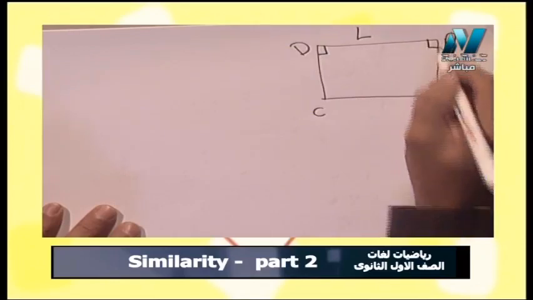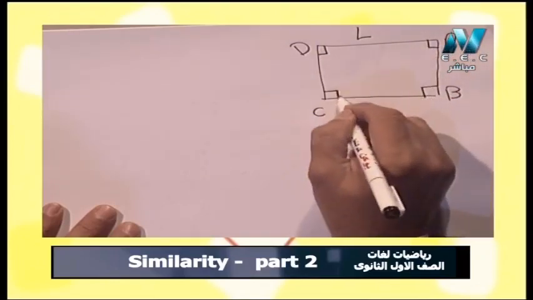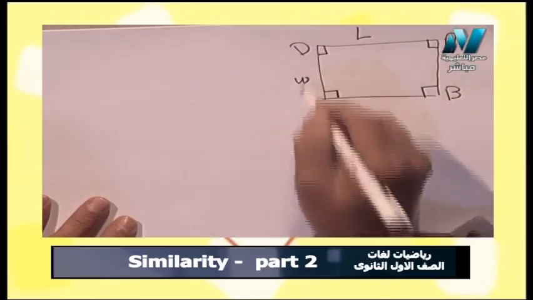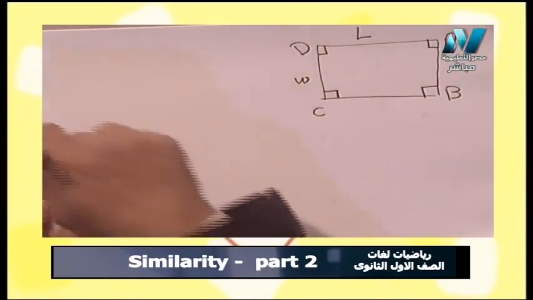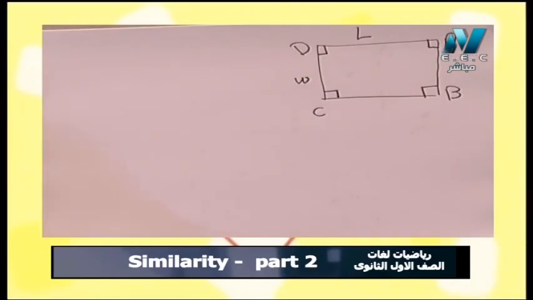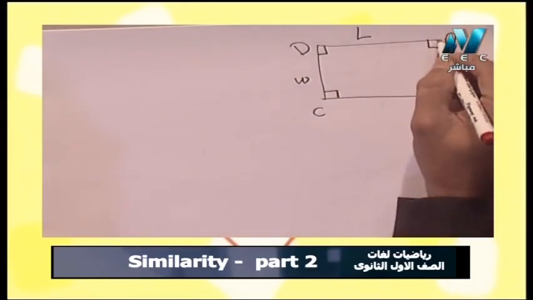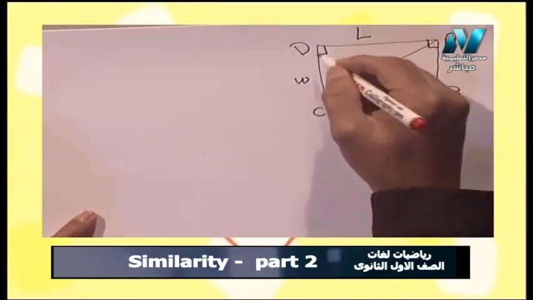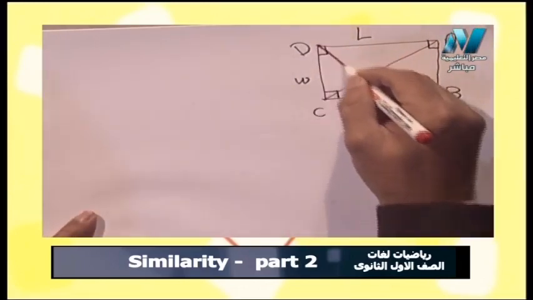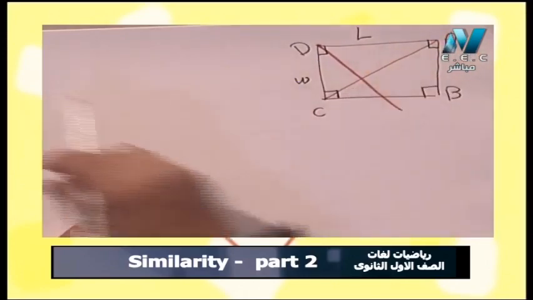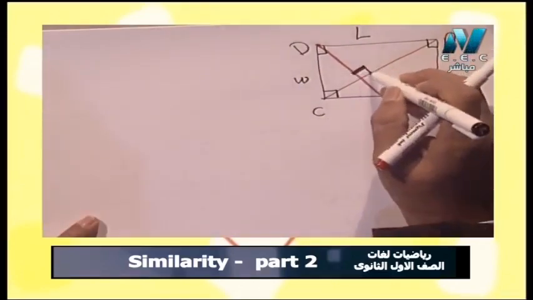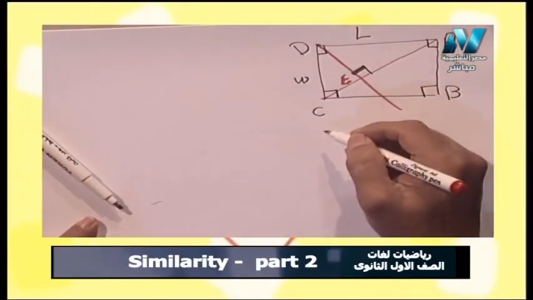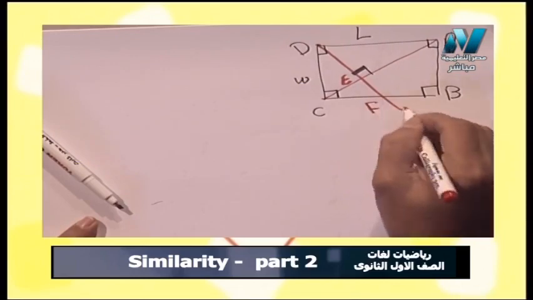If it is a rectangle, all angles here are 90 degrees, or right, and we have here the width, and we have AC here, and we have DF, which is perpendicular to AC at E and intersects CB at F here.